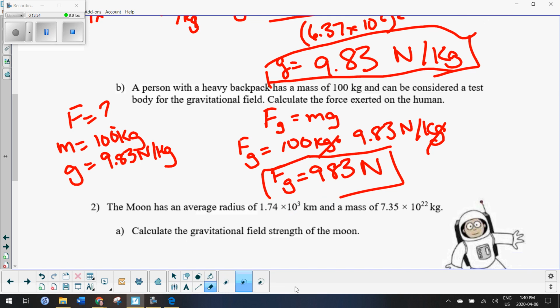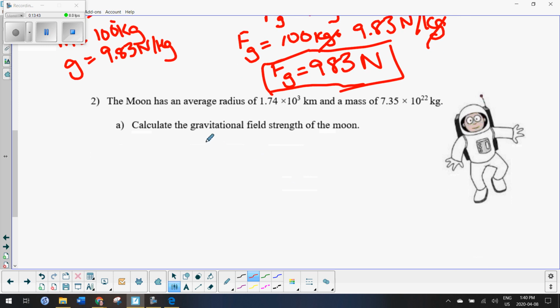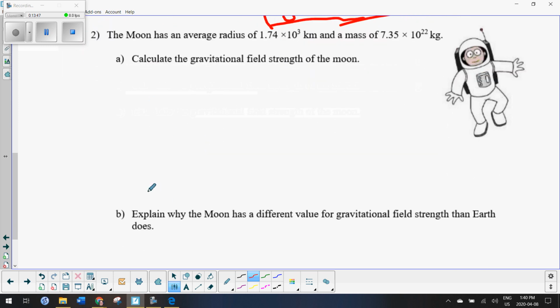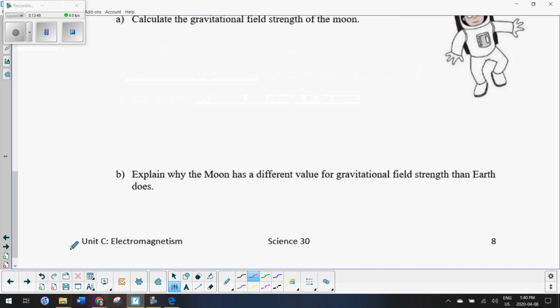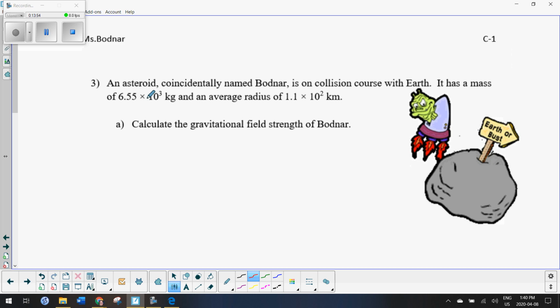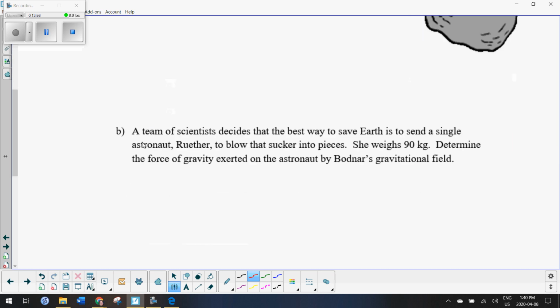Get rid of this so that you can actually see. Okay, example 2, I want you to try on your own and then check if the answer is correct. Then try number 3 on your own and check if the answer is correct.